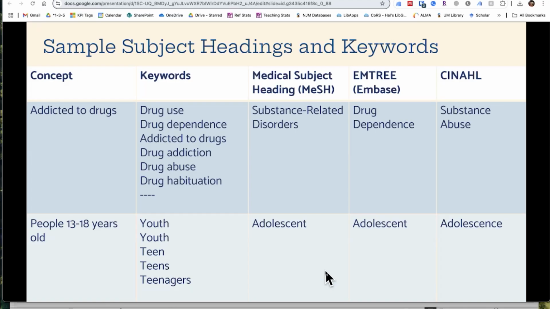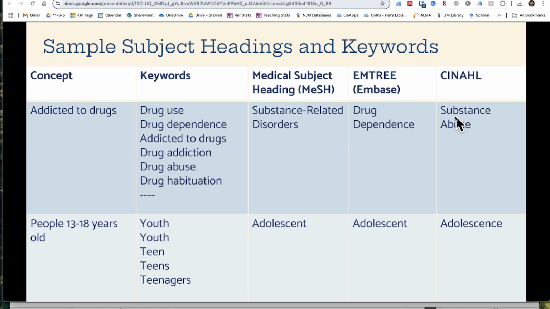Okay, and then again, just showing you the variation in terms of concept to the various keywords that can be used to describe that concept, the MeSH term that is associated with that, and then some other subject terms. So for example, if I was looking at substance-related disorders, in a different database I have to use a different subject heading.